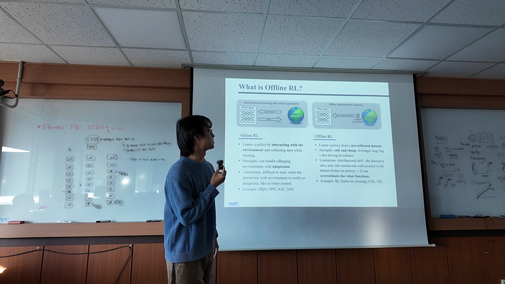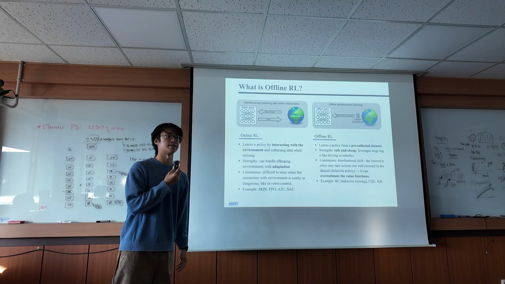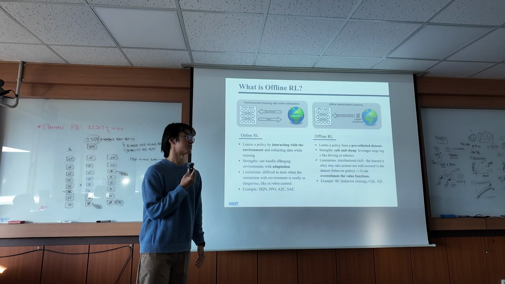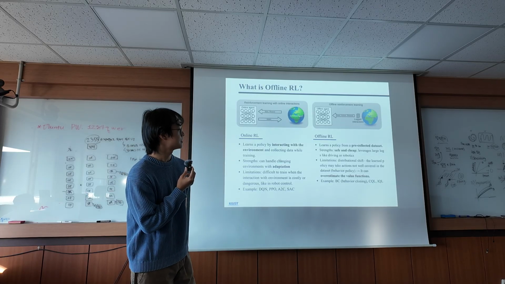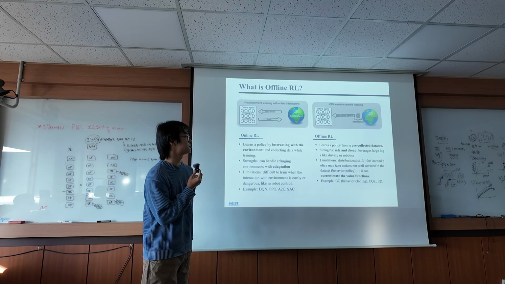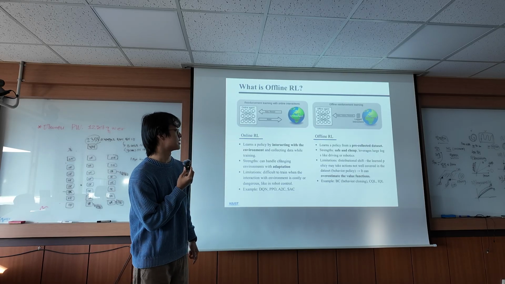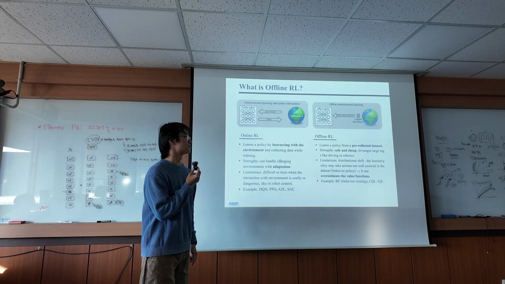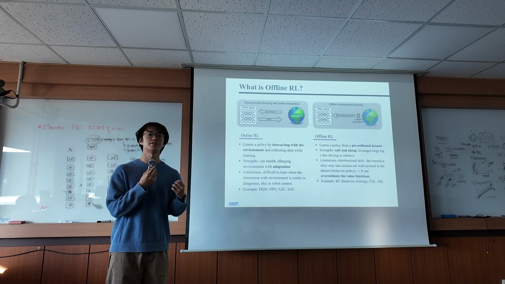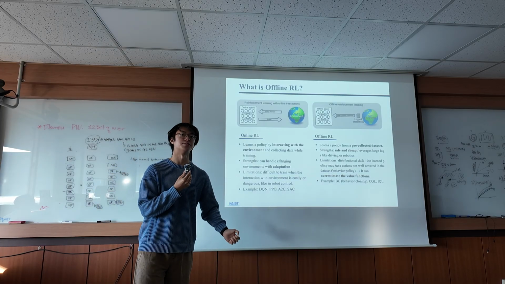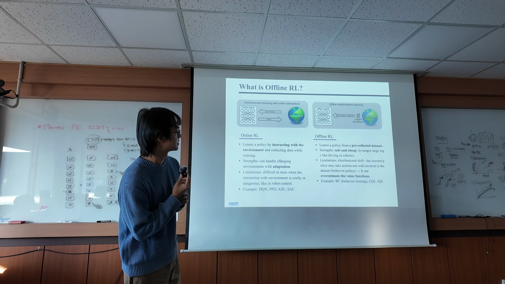However, offline RL learns a policy from a pre-collected dataset, so it doesn't interact with the environment directly. The strength is that it is safe and cheap to train the policy, and it leverages large logs like driving or robotics. So it can use a dataset collected from other users or previously.